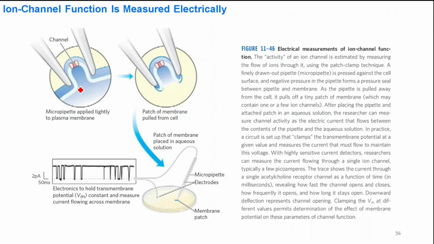Okay, last one. Sometimes if we want to know the potential, how much transportation a channel can perform, we pinch a small piece from the membrane through this, you can see forceps, and we dip this forceps into a solution, and we attach it to an electrical pulse.